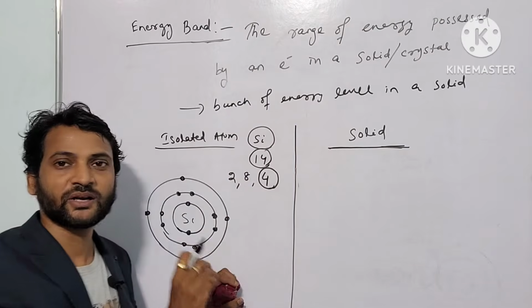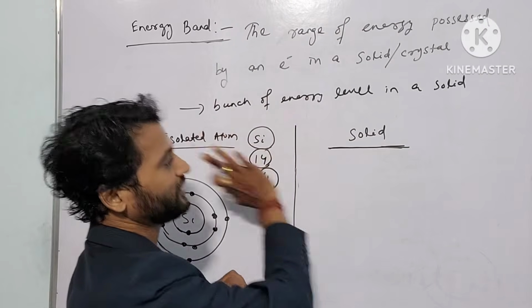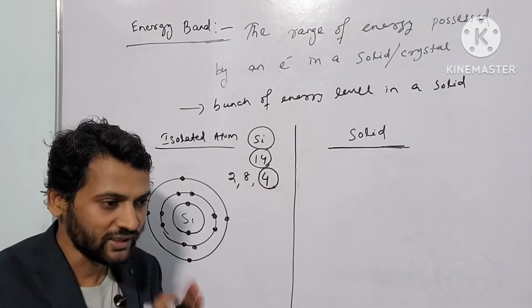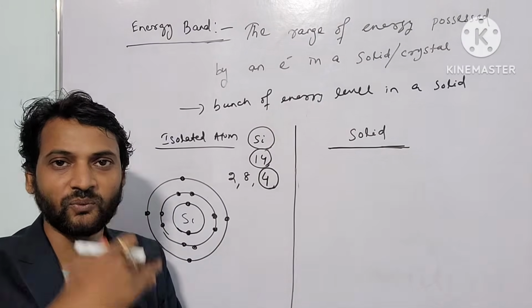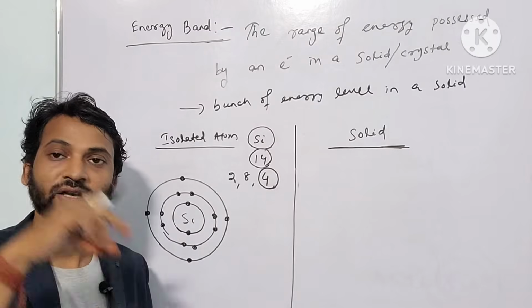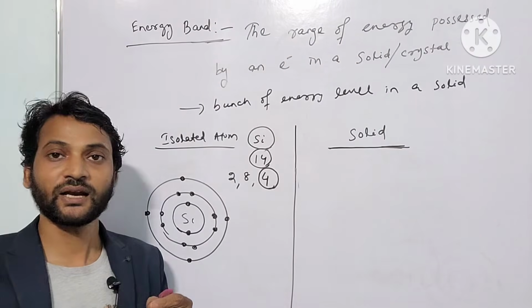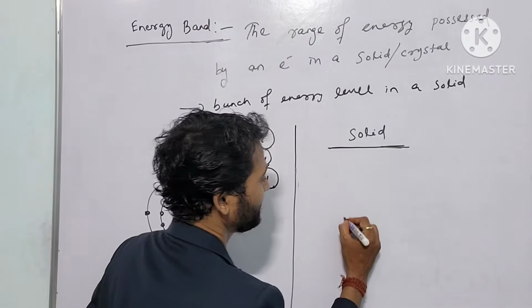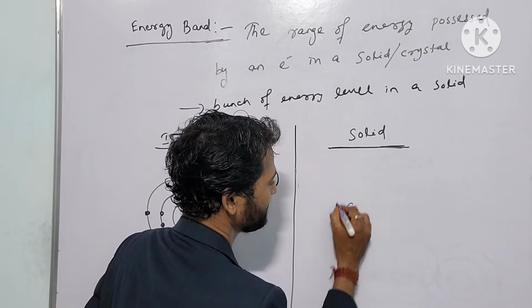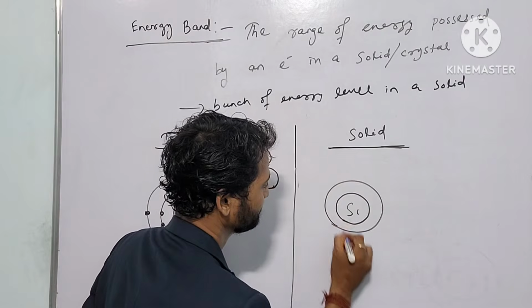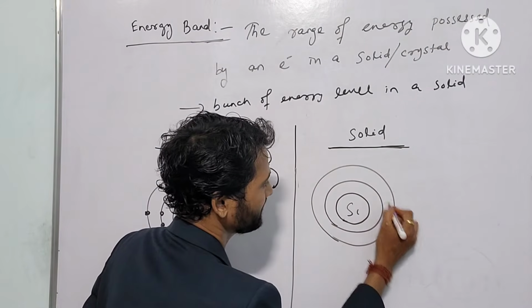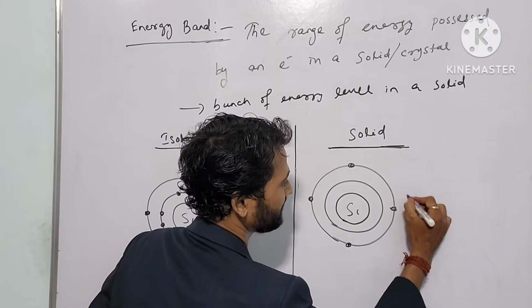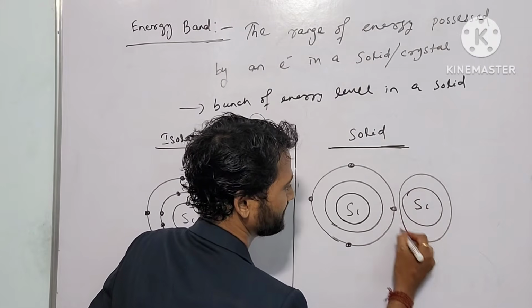As you know, a solid is made up of millions of atoms, right? So what happens here? There is an interaction between the energy of one electron of an atom in a particular orbit and the neighboring atom of the same configuration, same orbit, same electron. Let this be a silicon atom. How many electrons are in the outermost orbit? There are 4 electrons. Let another silicon atom be considered here.